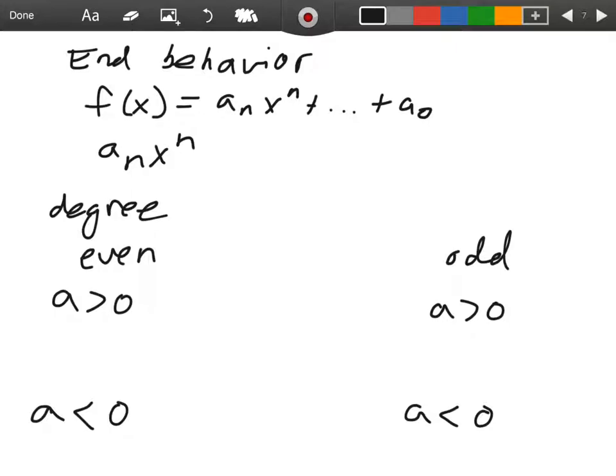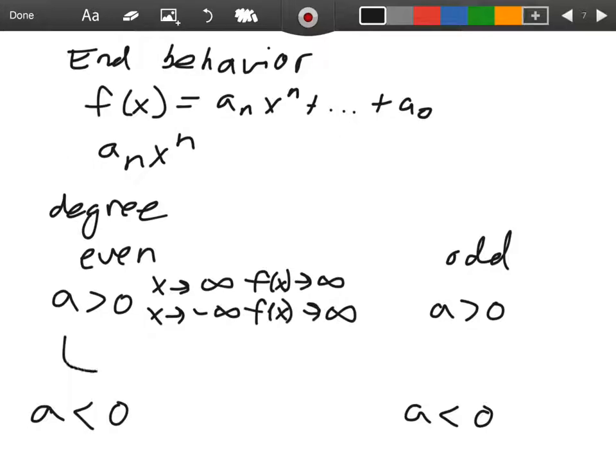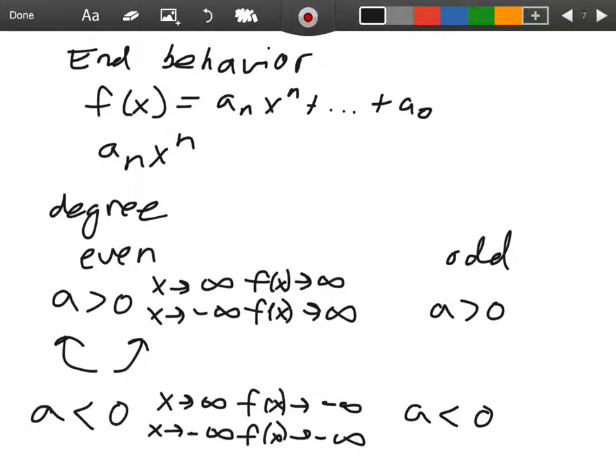So, with the lead coefficient positive on even, as x goes to infinity, f of x goes to infinity. As x goes to negative infinity, it goes to positive infinity as well. So that's going to look like this. If it's negative, it flips, so it looks like that.